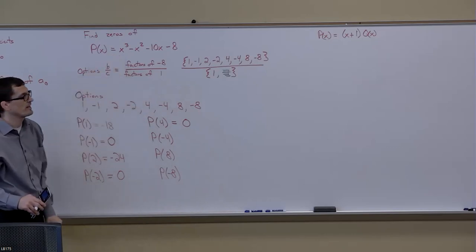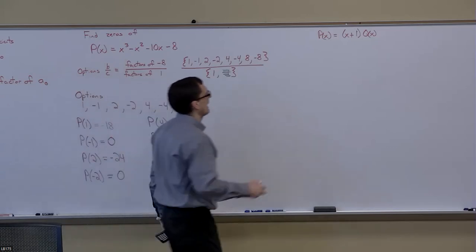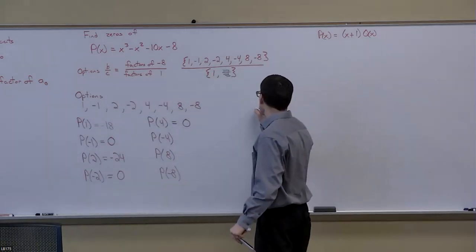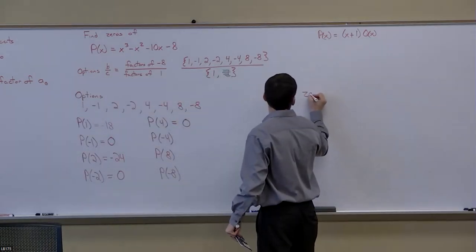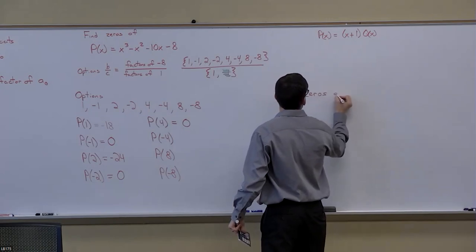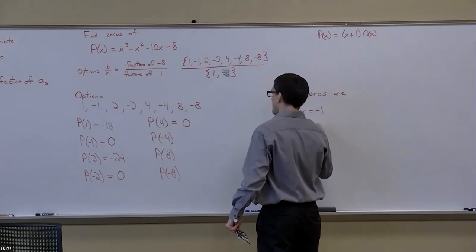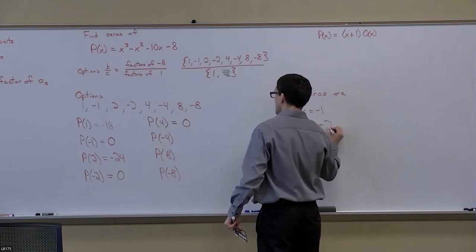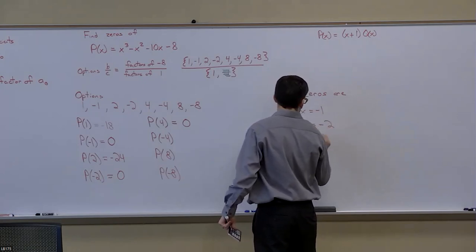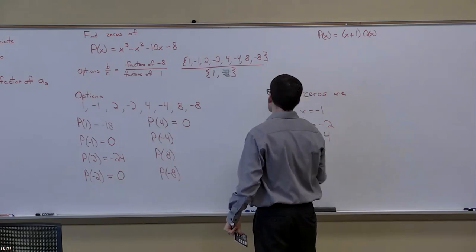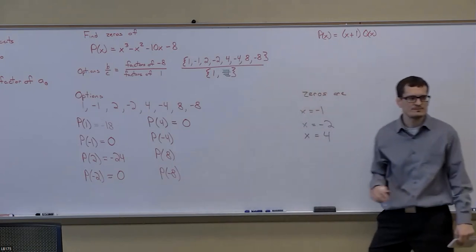Because this is degree 3. So I know that the zeros of this polynomial function are x equals -1, x equals -2, and x equals 4, each with multiplicity of 1.